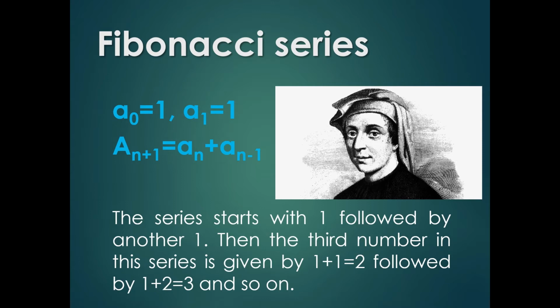If you consider A3, A3 is A1 plus A2. So it is 1 plus 2 equals 3. So we can in general write A(n+1) is A(n) plus A(n-1). This is a small a, not capital A, small a. Very simple. So this is the picture of Leonardo who described this thing.